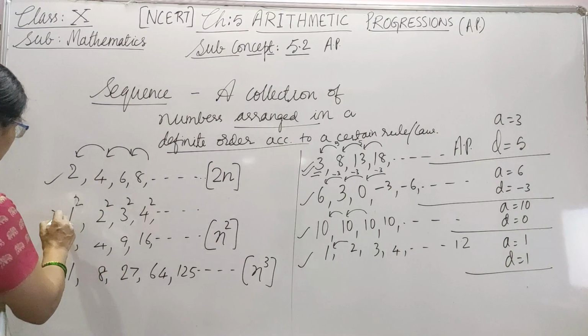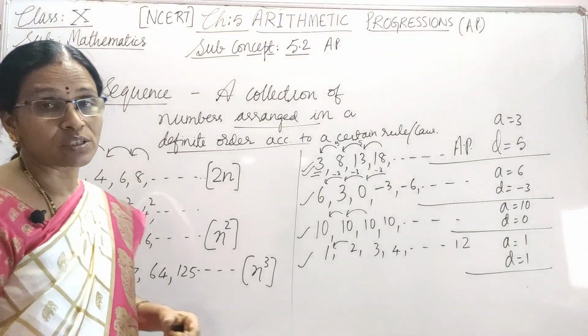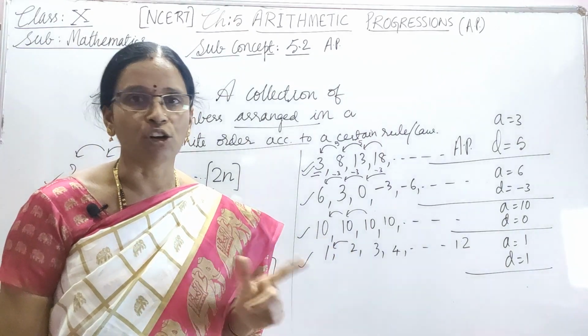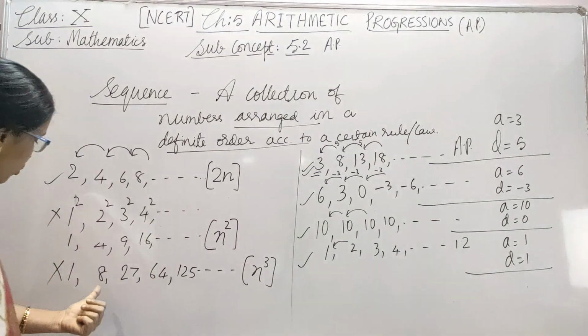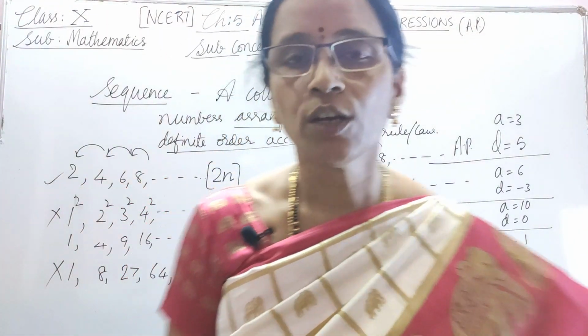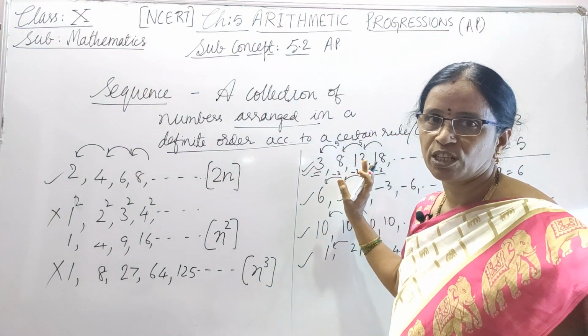Whereas this one, 1, 4, 9, 16, is not in AP because the difference between any term and its preceding term is not constant here, right? Again, this is also not an arithmetic progression because the difference is not the same. Hope you all understood the difference between just a sequence and an arithmetic progression.